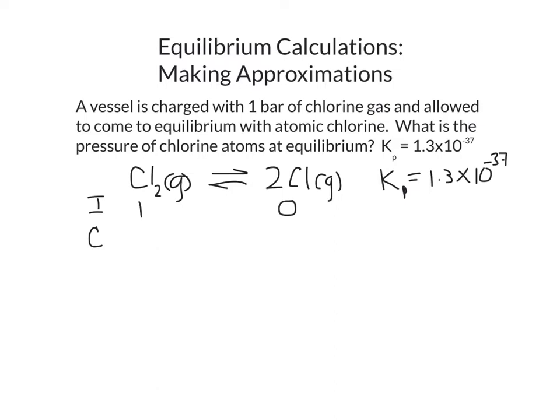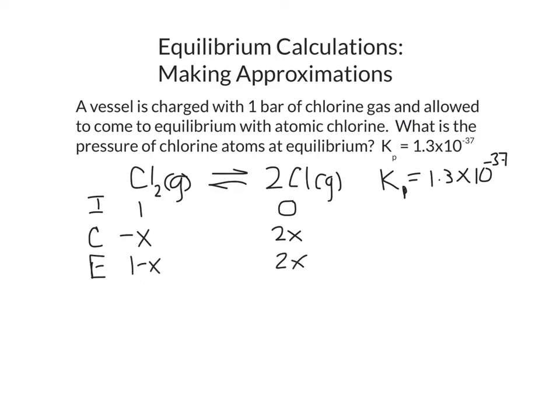And every time I use up a chlorine molecule and it falls apart to form chlorine atoms, I make 2 chlorine atoms. So if I use up X chlorine molecules, I will make 2X chlorine atoms. And then at equilibrium, I'm going to have 1 minus X of the chlorine molecules, and I'm going to have 2X of the chlorine atoms.